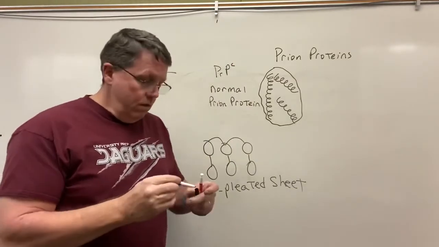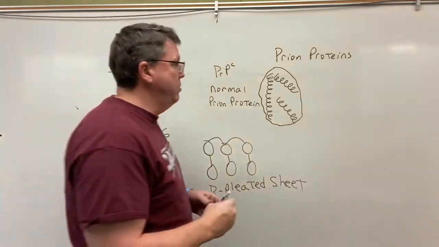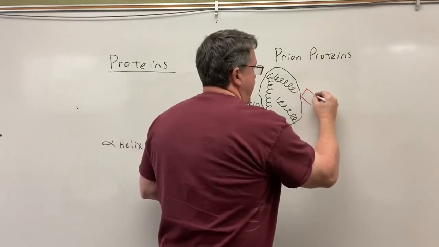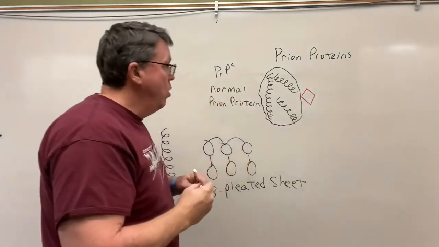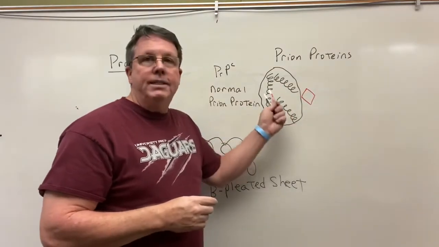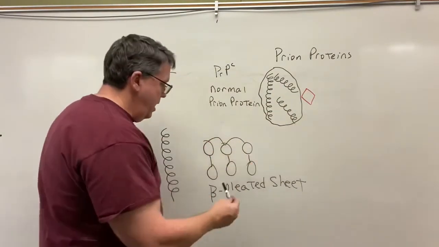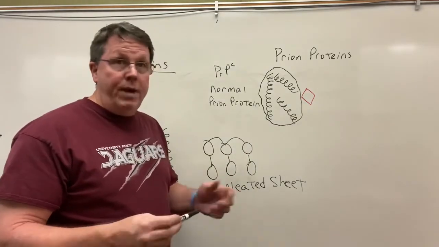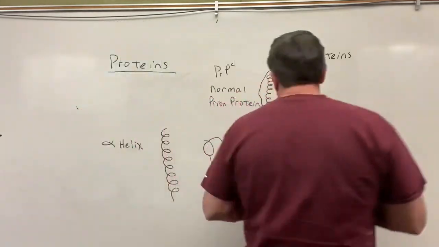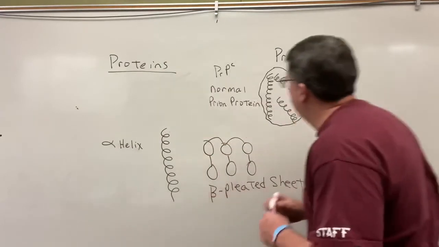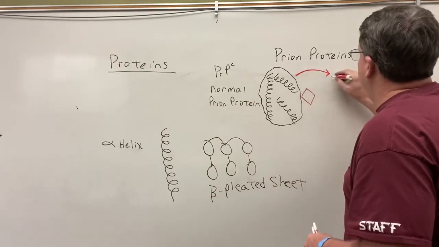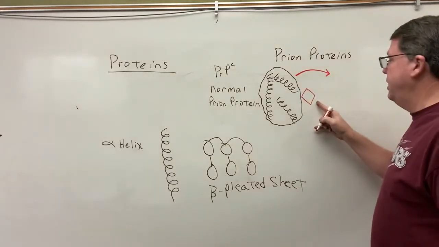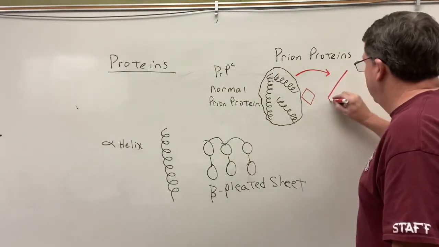When a prion comes in contact with this, so here's my prion again, and it comes in contact with this, what it will do is it will change these alpha helixes into a beta pleated sheet, or into beta pleated sheets. So this is going to go from here to, I'm just going to change it into a diamond just to be consistent with the prion I have here.